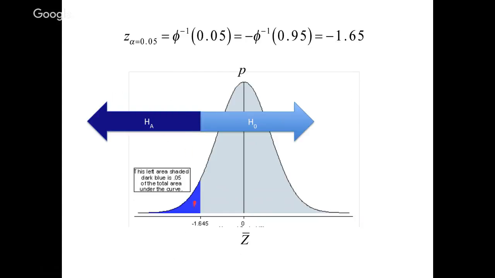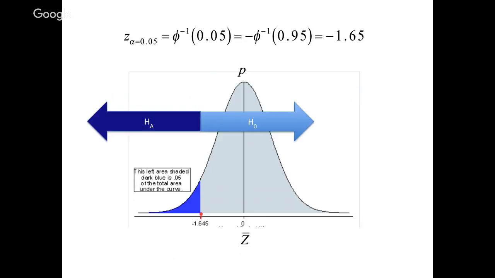The only other thing is we need to then calculate what the critical value of z would be at that 5% threshold. And to do that, remember we're working with the standard normal distribution here. So we essentially take the inverse of the CDF for the standard normal and operate it on alpha equal to 0.05.